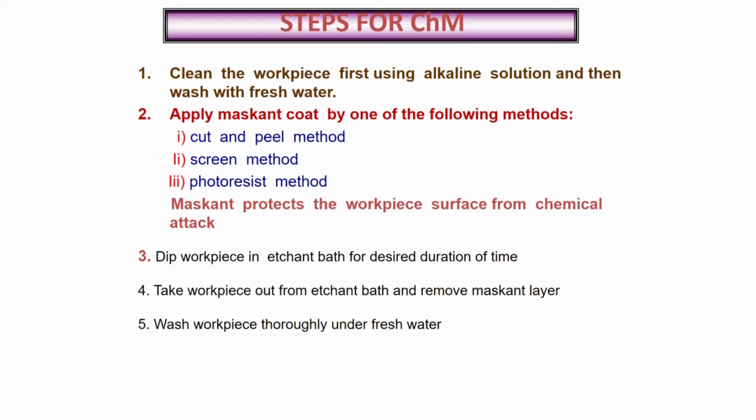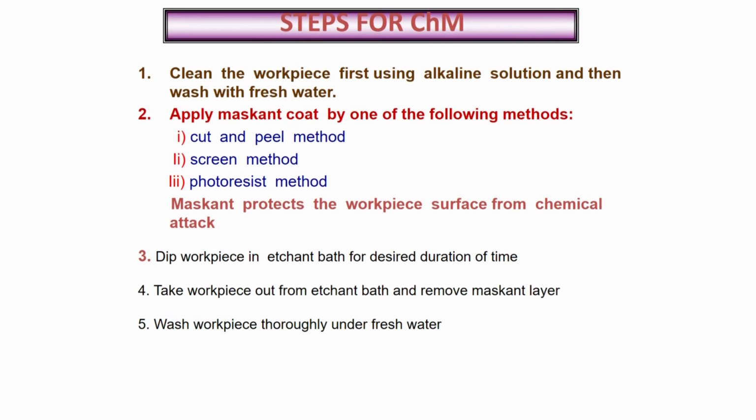After depositing the maskant on the workpiece surface, the workpiece is dipped inside a chemical or etchant bath for the desired duration of time to get the exact machining depth.